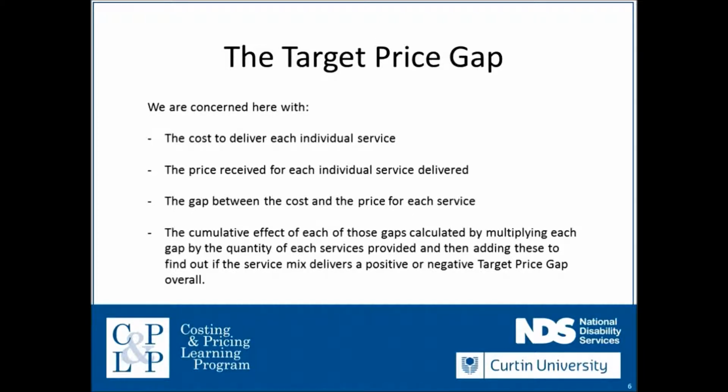More importantly, and we'll talk about this a lot more in this webinar, we need to understand the cumulative effect of each of those gaps, calculated by multiplying each gap by the quantity of each service provided and then adding these to find out if the service mix delivers a positive or negative target price gap overall. That is, at the corporate level, we need to have a positive or at the very least a neutral target price gap to ensure our immediate, medium and longer term financial sustainability is assured.